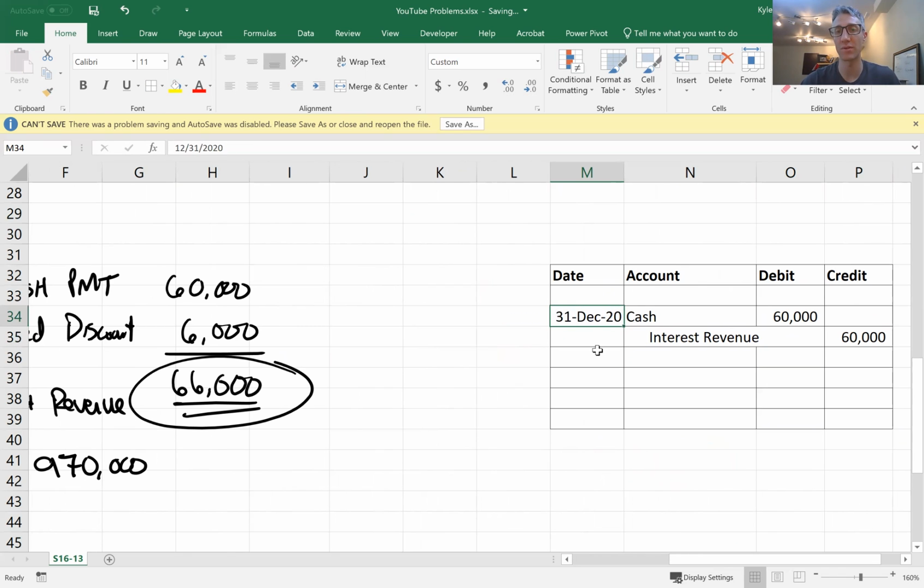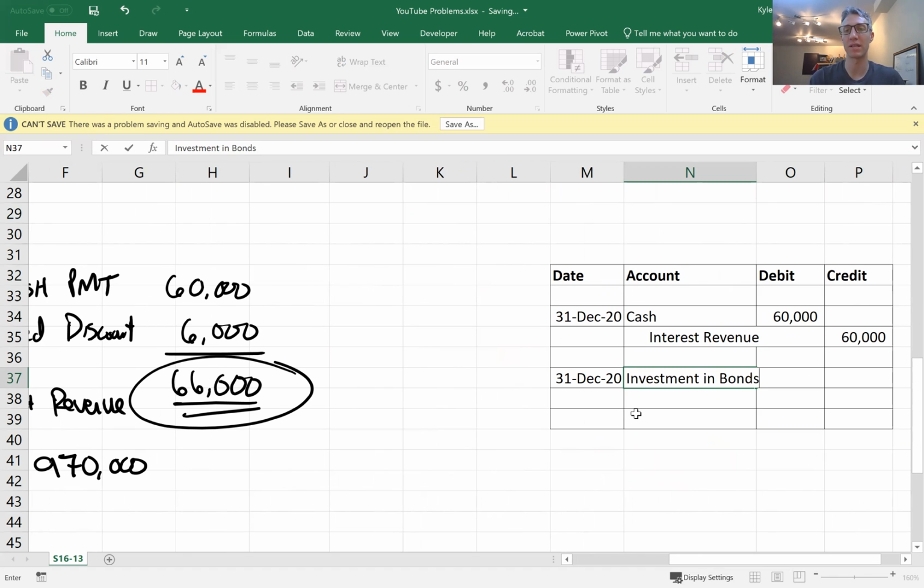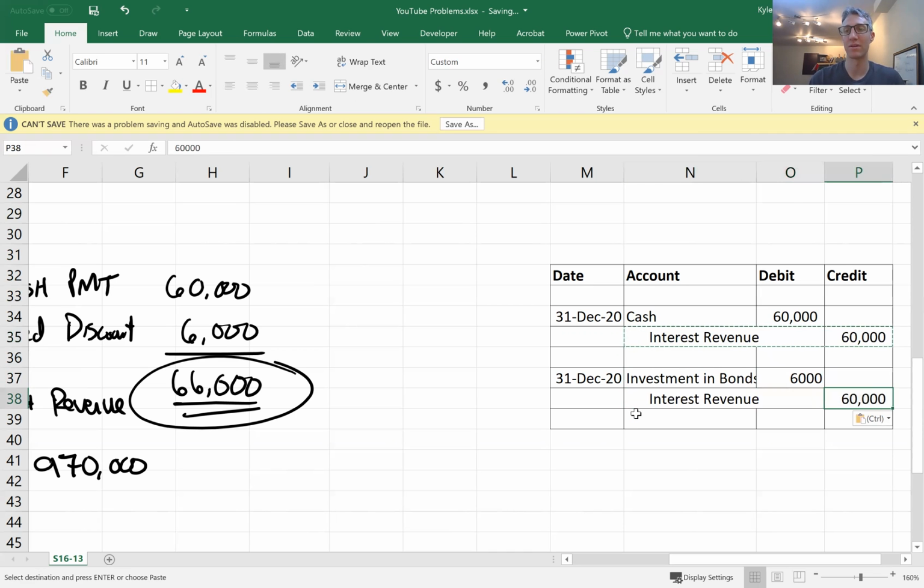So this is the first year. What we're going to do as well, the same day, is amortize that discount. And I'm going to do that by debiting the investment in bonds account. So I'm going to increase the value of the bond by 6,000. And I'm going to recognize interest revenue of 6,000 on the bond.